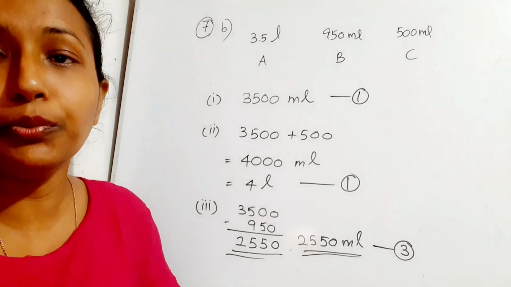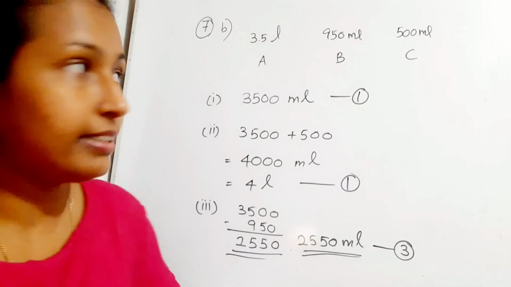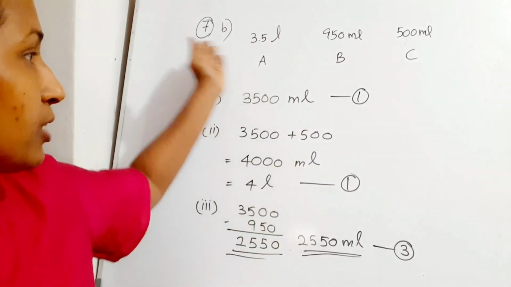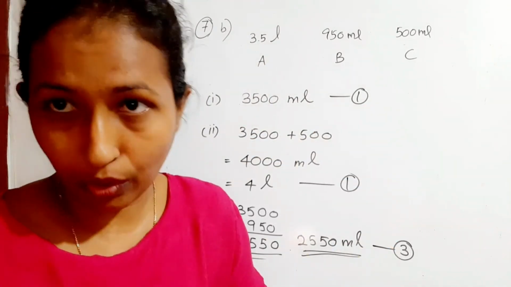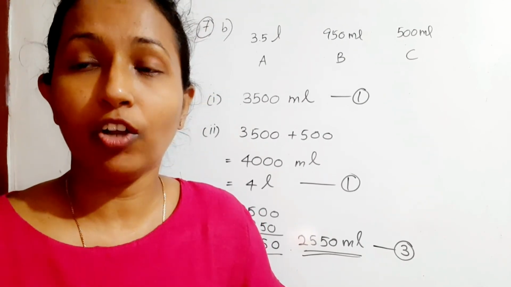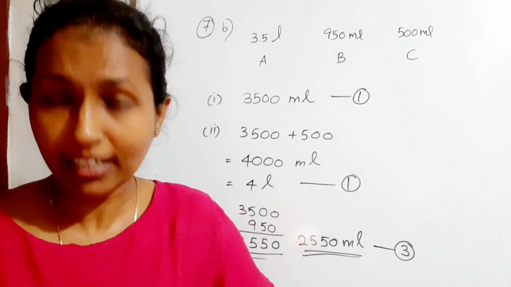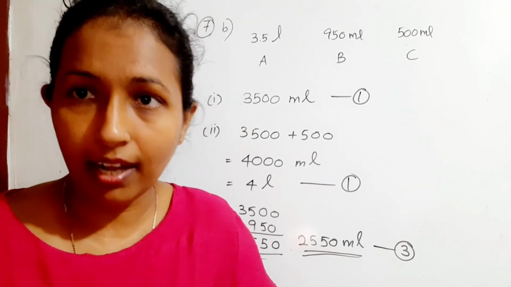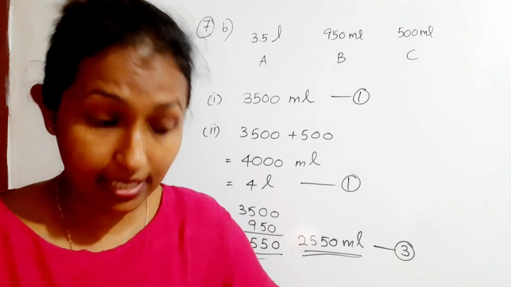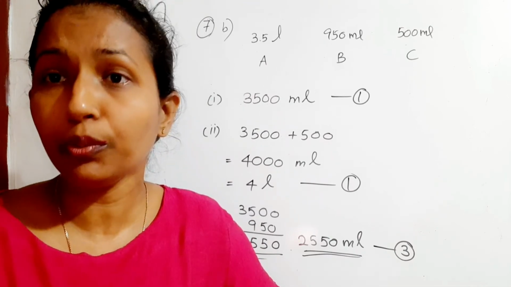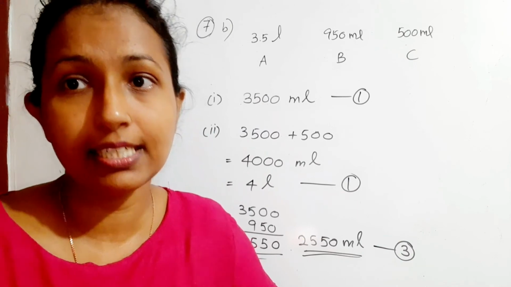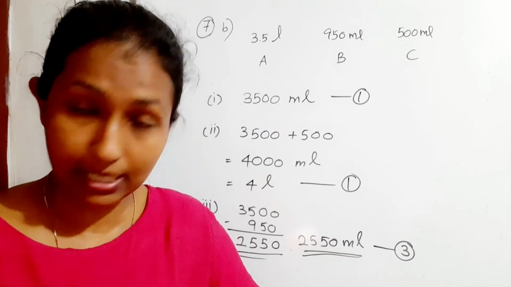Then you can add the total mark for the 7th question and get the total out of 11. Now the discussion is over, and you can add your marks. I have discussed 7 questions, but you have to answer only 5 questions, including the first question.